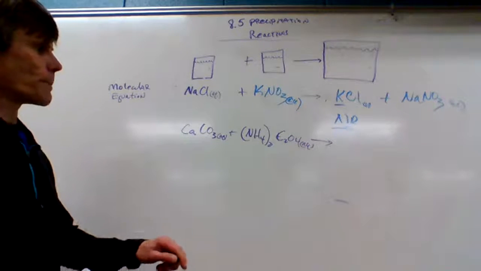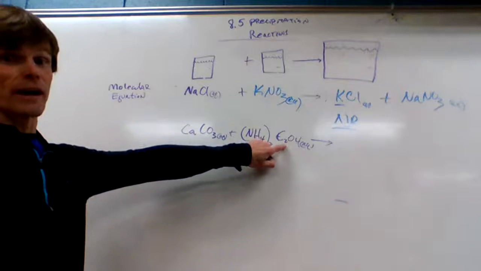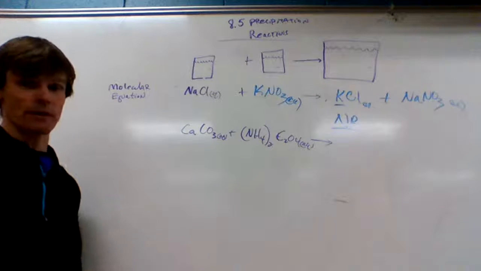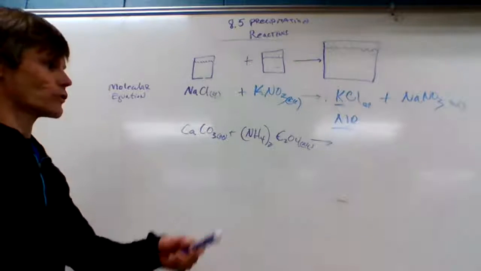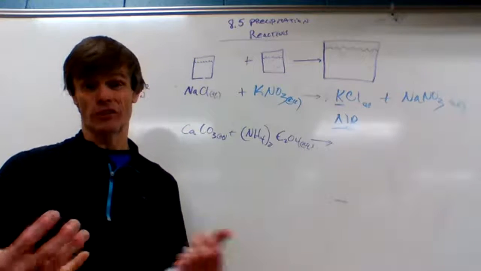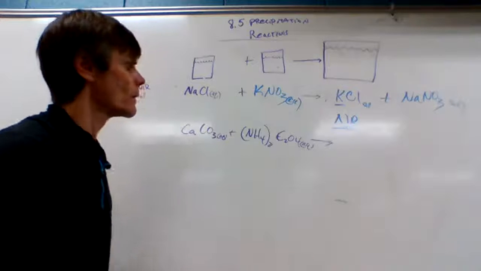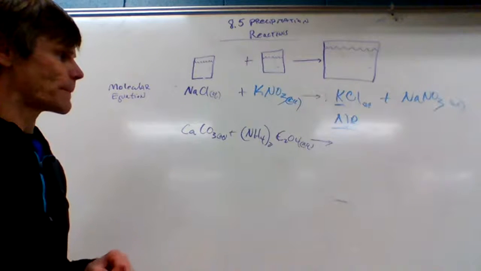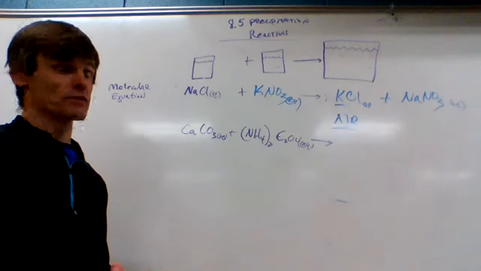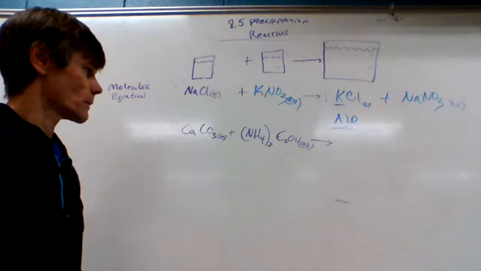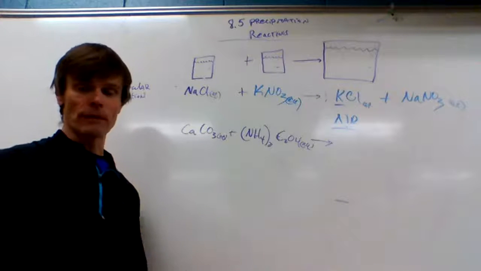You might have to look up oxalate to see how that is performing in this process. You need to find some solubility rule. I wouldn't give that to you on an exam. I would give you one that has solubility rules that you could look up. Find out what's happening here and write the ionic and the net ionic equation and find out what the spectator ions are. Any questions? Give me a shout.